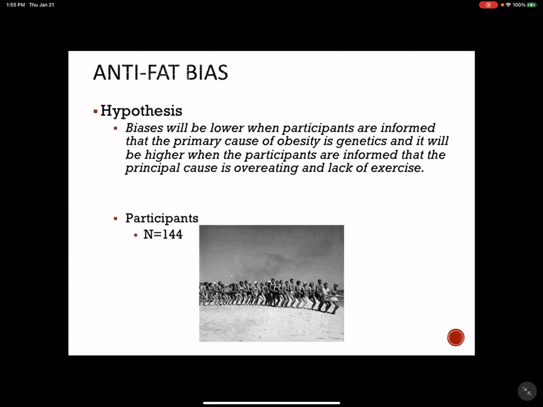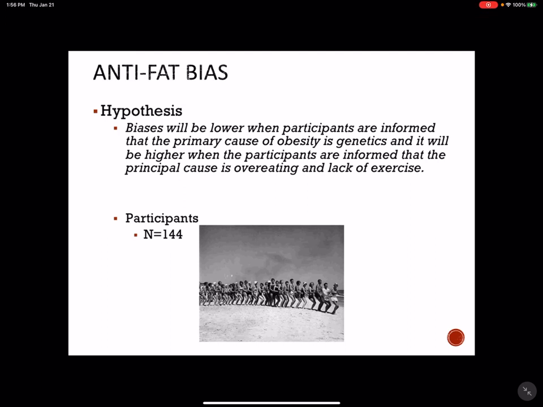So after looking at all of this research, the experimenters assumed that the biases would be lower when participants are informed that the primary cause of obesity is genetics, and the bias would be higher when participants are informed that the principal cause is overeating and lack of exercise.